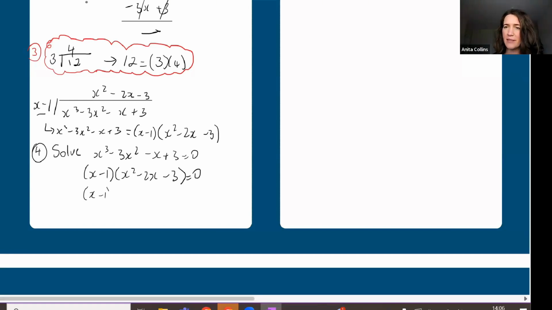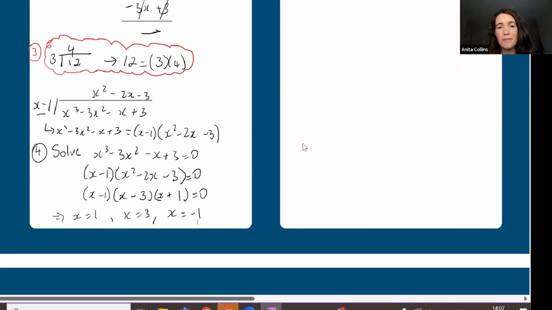It's the highest power of x is 1. But here I've got a quadratic, so I'm going to use my double bracket factorization method from way back in Algebra 1 to factorize this. x minus 3, x plus 1. Now I've got 3 brackets equal to 0. So that tells me that x is equal to 1, x is equal to 3, and x is equal to minus 1. Oh, there's so much in that, but we got there.